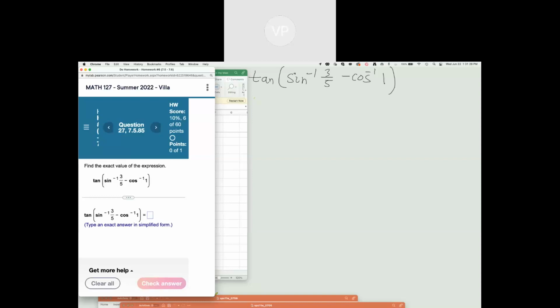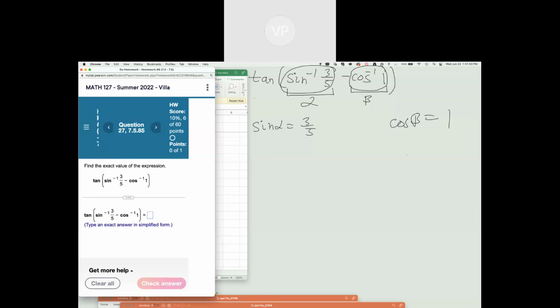So remember the process. I'm going to let that be my alpha, that be my beta right here. That's what I'm going to work on first. So sine of alpha equals 3/5 and cosine beta equals 1, all based on what was presented right here. I'm not dealing with the negative out front. That's going to go in the second half of this problem.